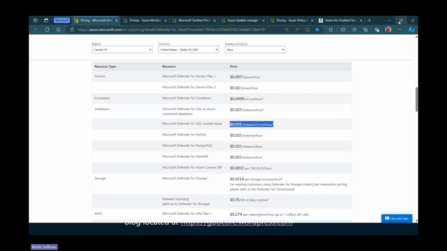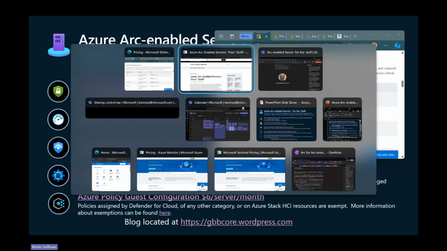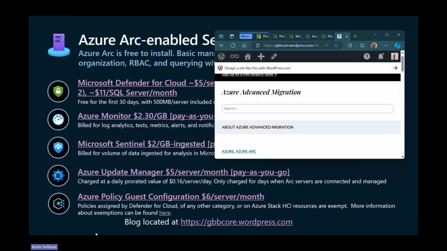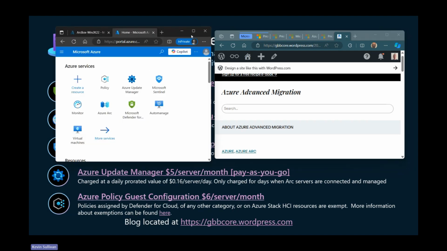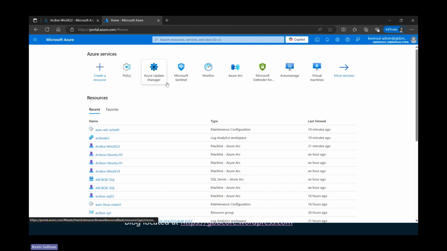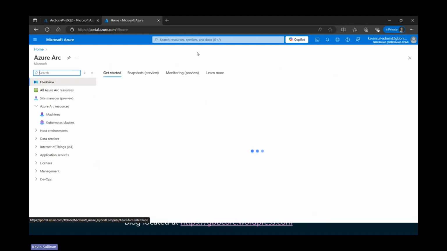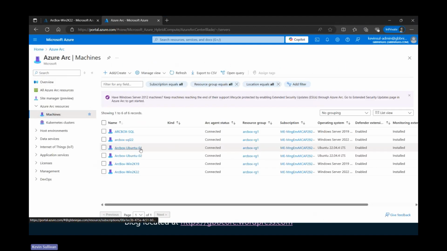Okay, so let's look at what this would look like for real. So if you were in my last session in my 4FEE, I'm going to go back to that same demo environment if I can find my portal window, and there it is. If I start with our Arc things, I can look at some of the machines.